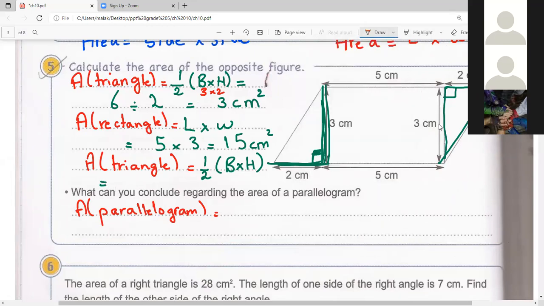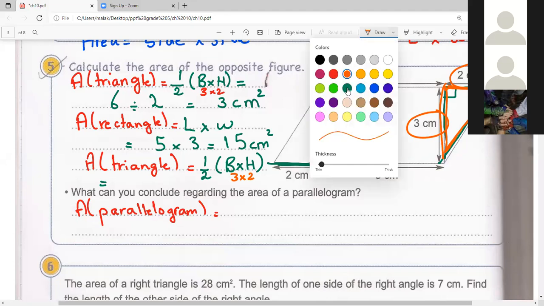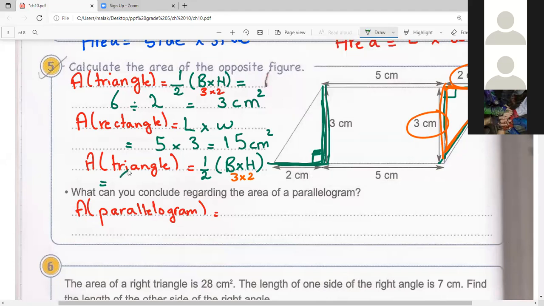Which triangle? This triangle here, 3 times 2, the two sides that form a right angle. 3 times 2, how much, Haya? 6. Then find its half, which means we divide it by 2. 6 divided by 2 is 3 centimeter square.